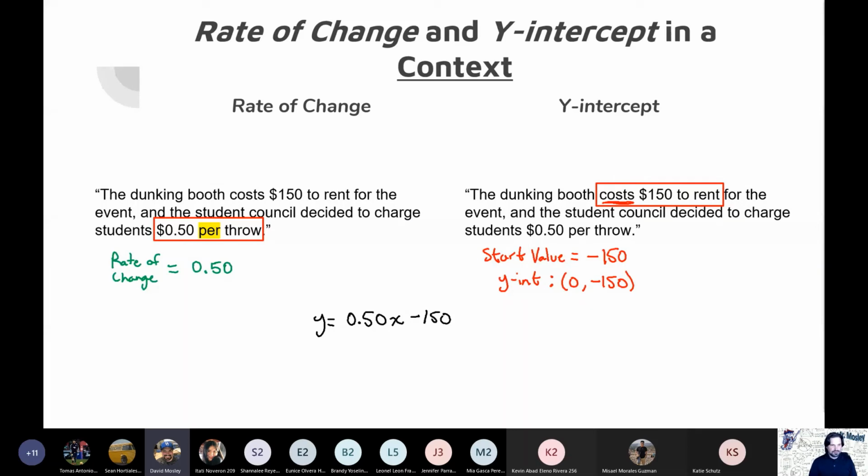So we have, this came from there. And this 50 cents is here. And this x represents the number of throws sold.